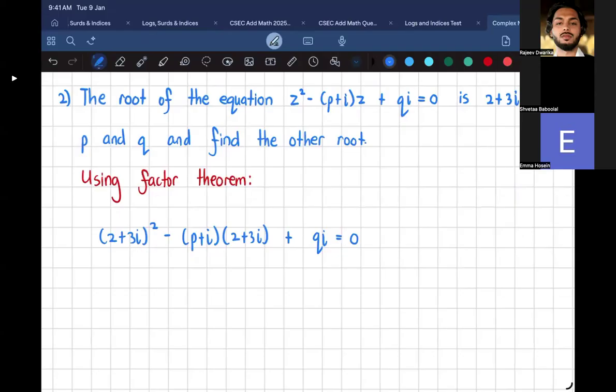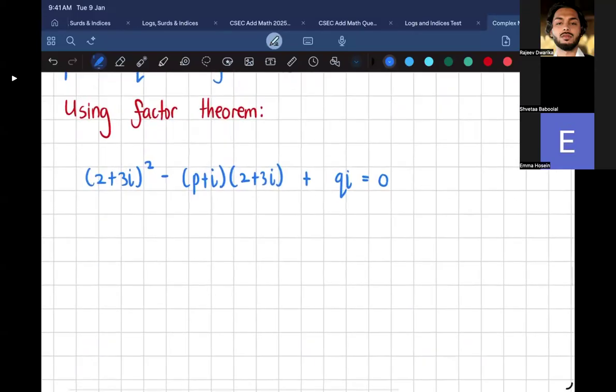But it wouldn't give you 0 because you don't know what p is, because it's in terms of p. Exactly. So by doing this, we form an equation.